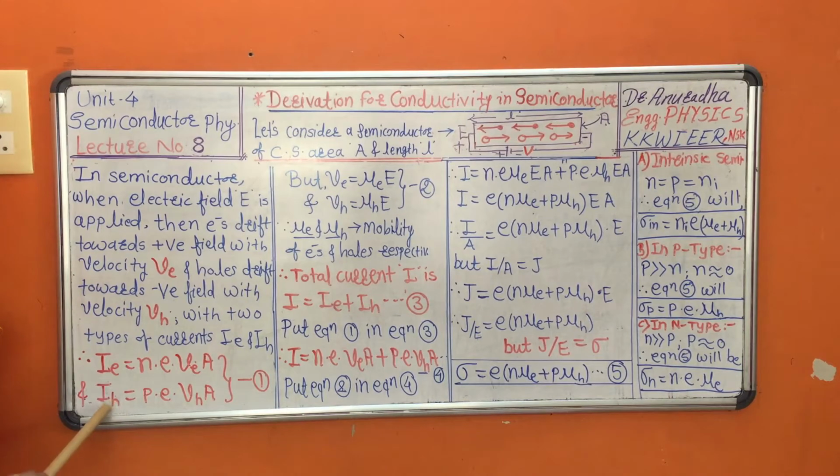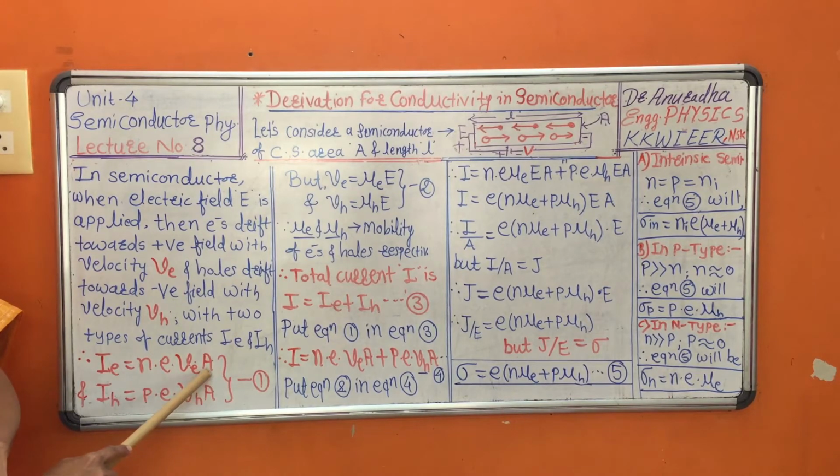Similarly, you can write current due to holes, with the new term p, which stands for hole density. n was electron density, p stands for hole density, and V in the earlier equation is replaced by VE, the drift velocity of electrons, while here it is VH, the drift velocity of holes.